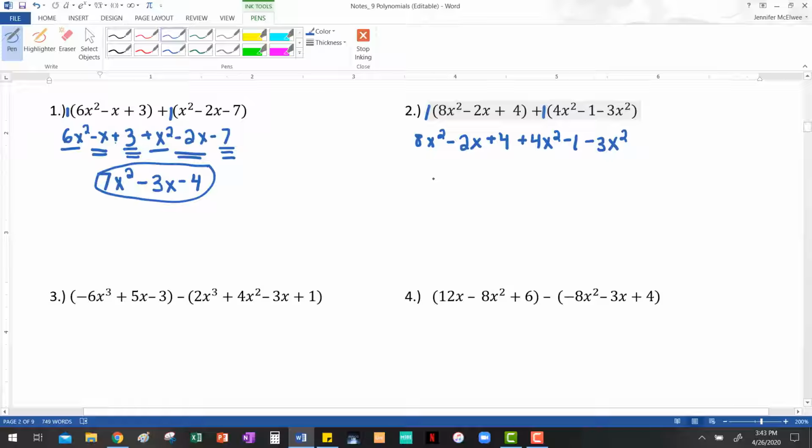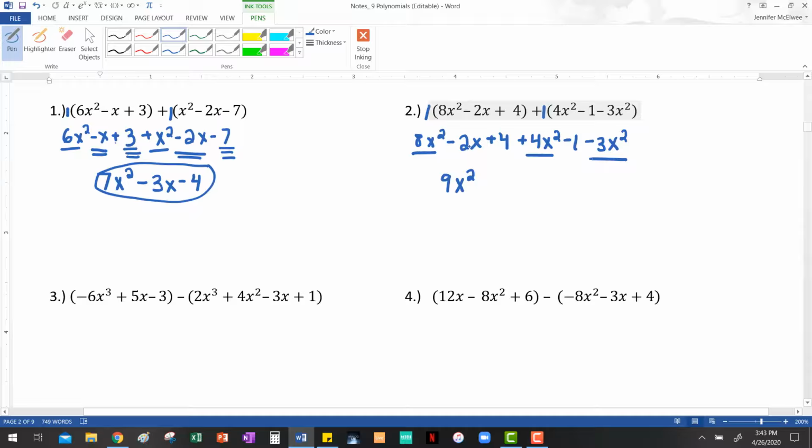I want to look for like terms, and I like to find the terms with the highest degree first. Look around here, I see an 8x squared, 4x squared, and negative 3x squared. So I'm going to combine those three. 8x squared plus 4x squared is 12x squared, minus 3x squared will be 9x squared.